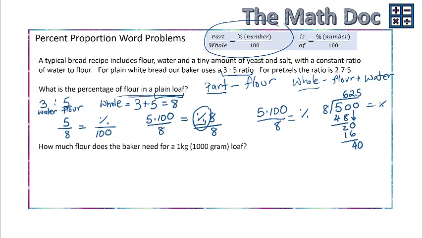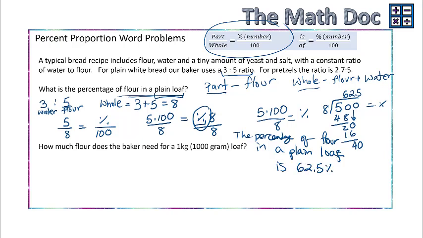So our percentage is 62.5. So the percentage of flour in a plain loaf is 62.5%.